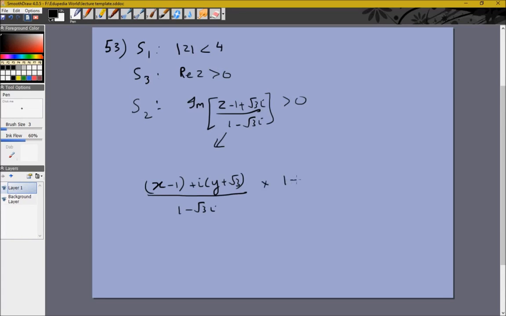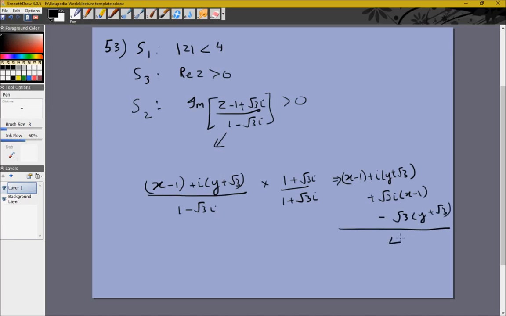We multiply it by 1 plus root 3i by 1 plus root 3i. From that we get x minus 1 plus iota times y plus root 3 plus root 3i times x minus 1, minus root 3 times y plus root 3, by 4.